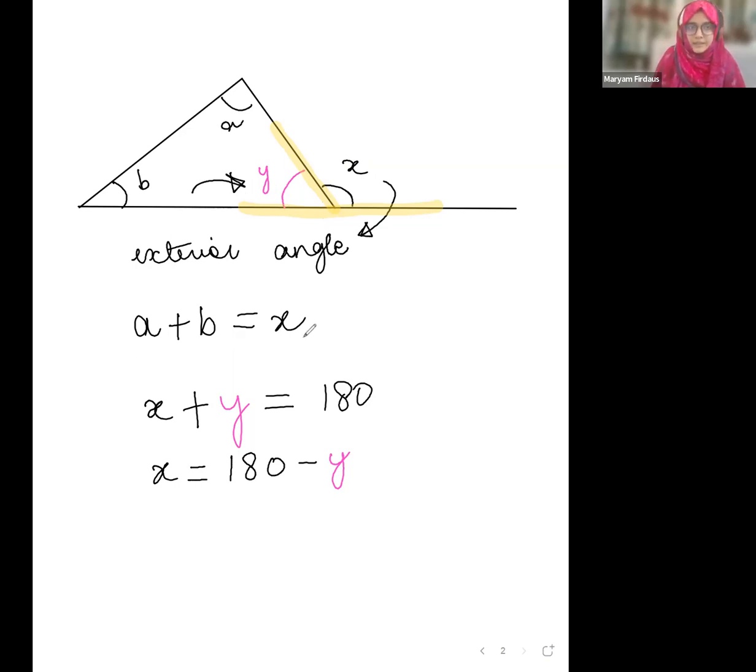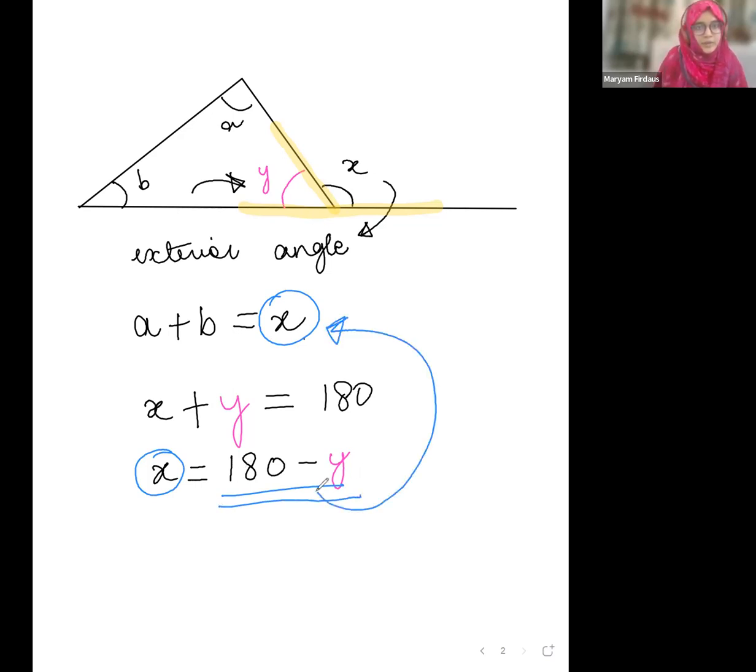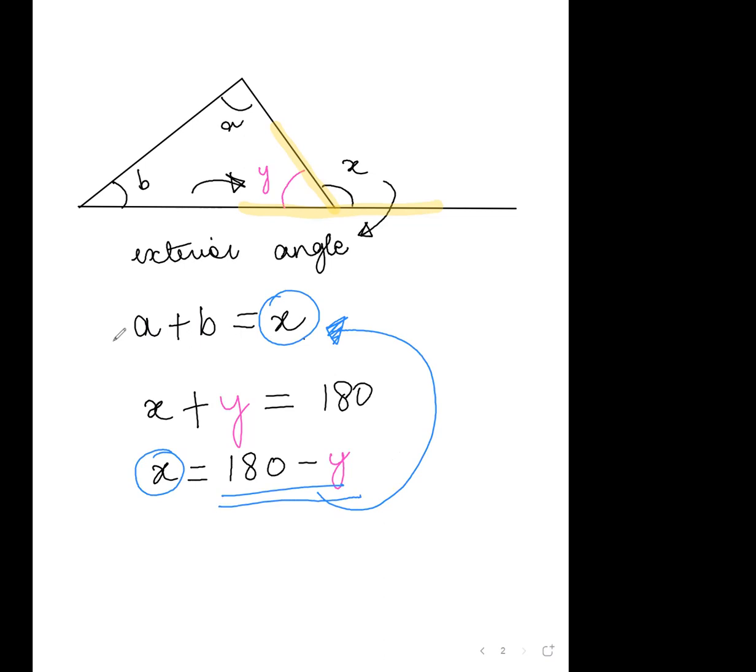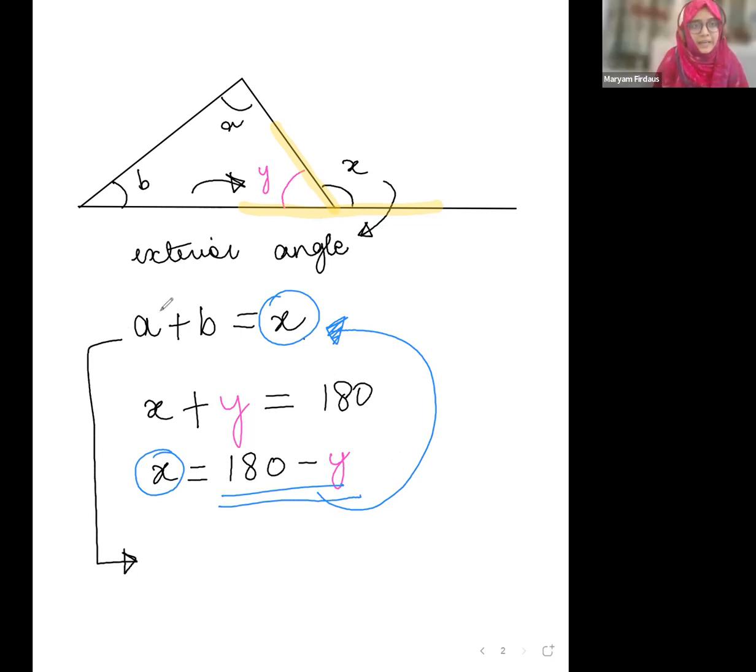A plus B is X, and we know that X is equal to 180 minus Y. So can I write 180 minus Y in place of X over here? Okay. So what is the relationship between A, B and Y? That is what we are going to see.